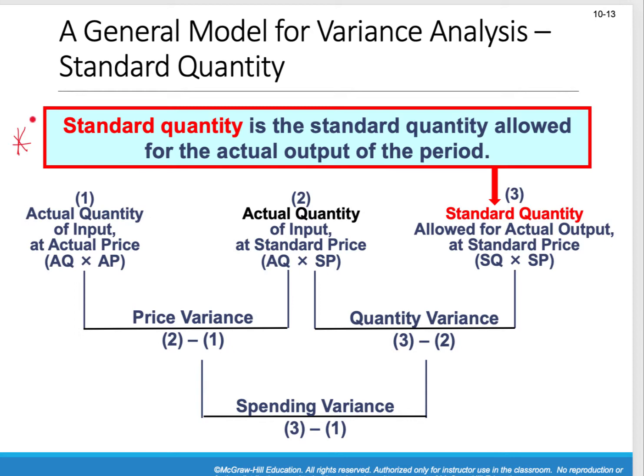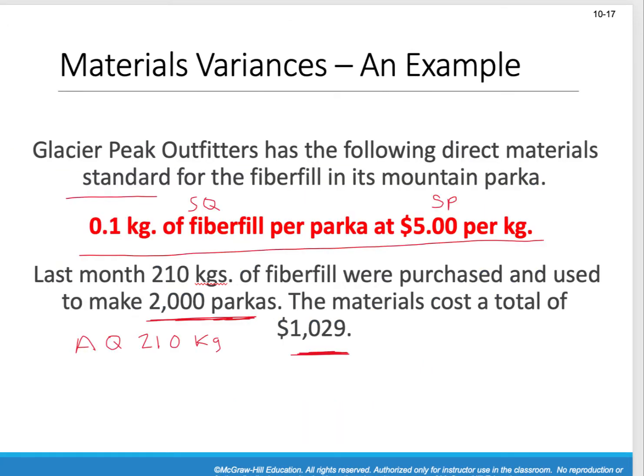And remember, that's why I flagged this one in our last video and said the standard quantity is the standard allowed for the actual output for the period. Well, that's no problem because we know the actual output for the period. It's 2,000 parkas.